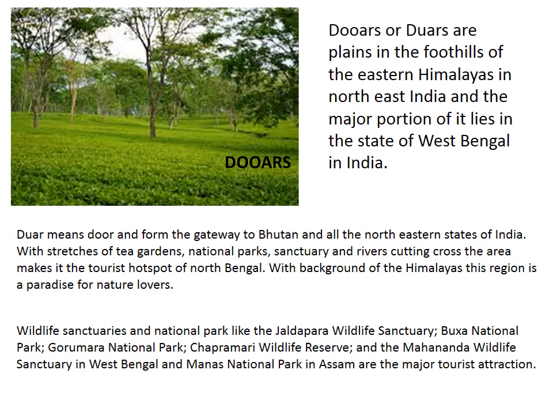So, some of the examples of national parks and wildlife sanctuaries are the Jaldapara Wildlife Sanctuary, the Baksa National Park, the Gorubara National Park, the Chapramari Wildlife Reserve, and the Mahananda Wildlife Sanctuary in Bengal, and the famous Manas National Park in Assam. These are all tourist spots and they are all a part of the Terai region.